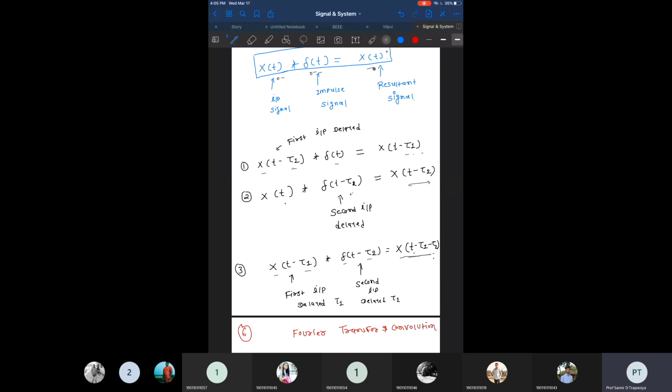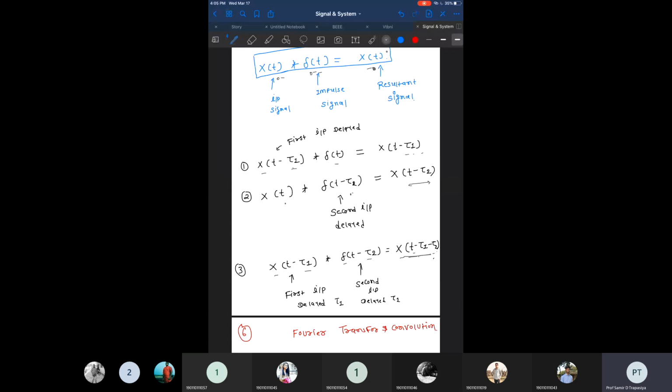With the Fourier transform, any time domain signal is converted into the frequency domain signal. If x1 of t is a time domain signal, then after taking the Fourier transform, we can obtain its frequency domain version x1 of f. If x2 of t is a time domain signal, after taking the Fourier transform, we can have its frequency domain version.